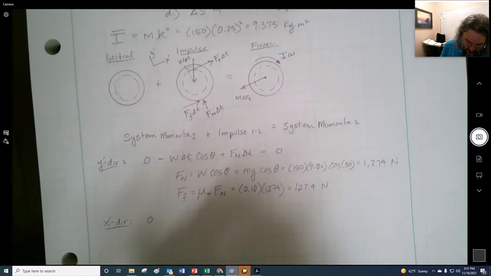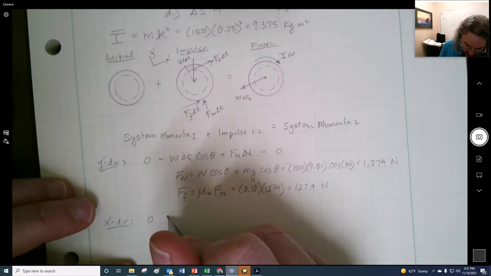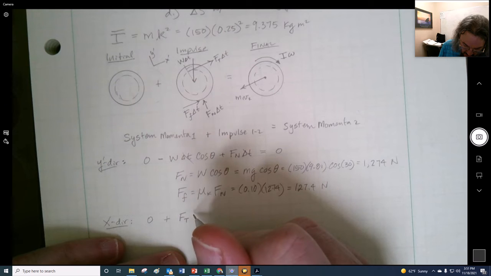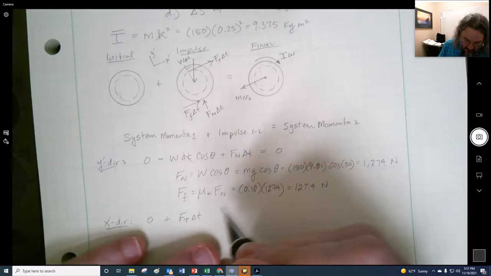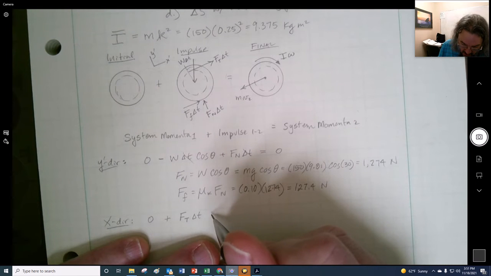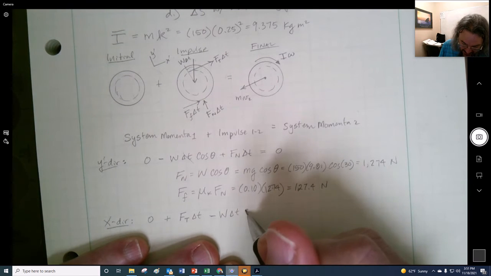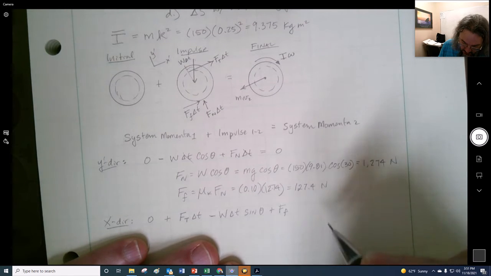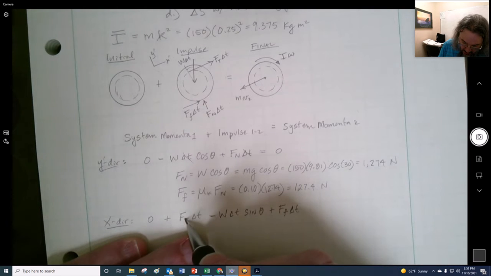And we start out with 0. And we're going to have positive Ft times delta t. We don't know Ft, the tension force. And then we're going to have minus W delta t times the sine of theta, and then plus friction force times delta t. And we do know this, so here's an unknown here.